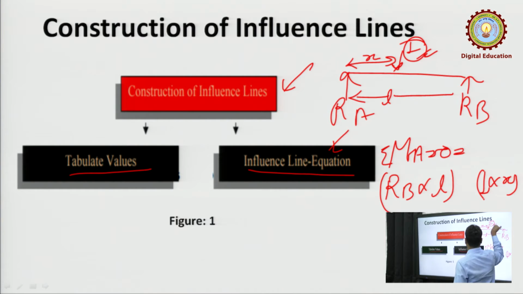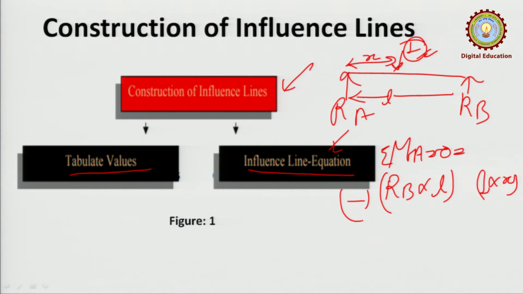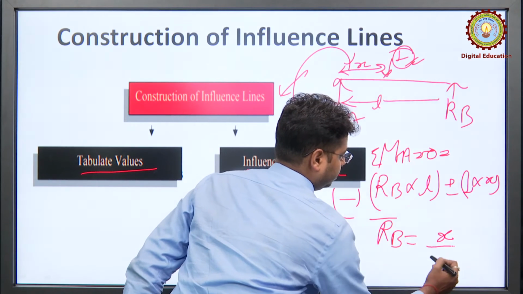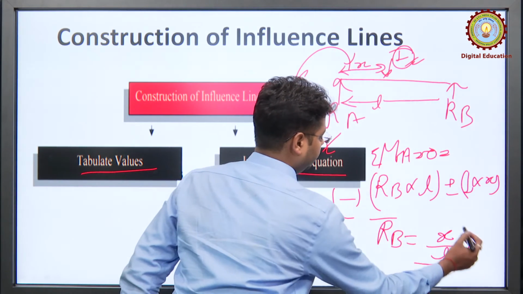This is anti-clockwise direction and this will be clockwise direction. Now you can find the RB value. RB is equal to X upon L.